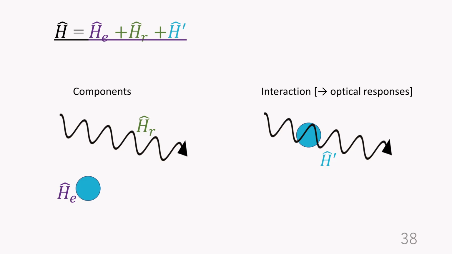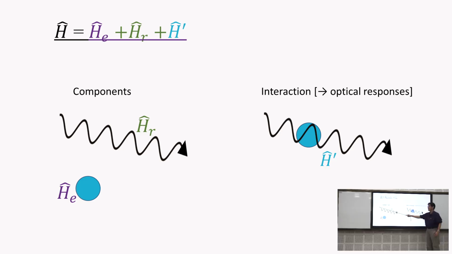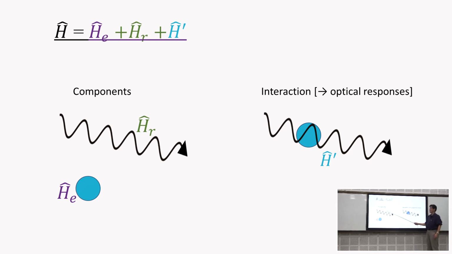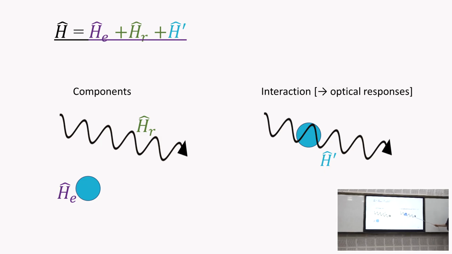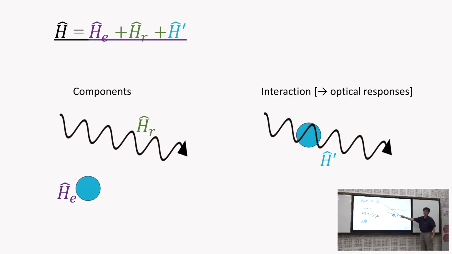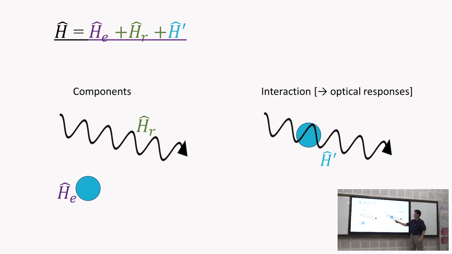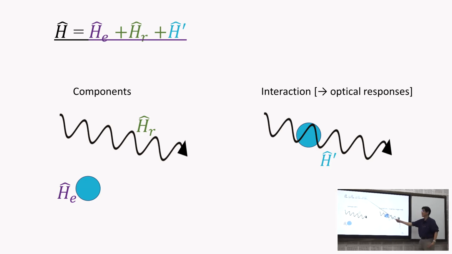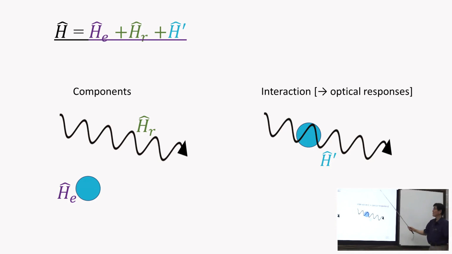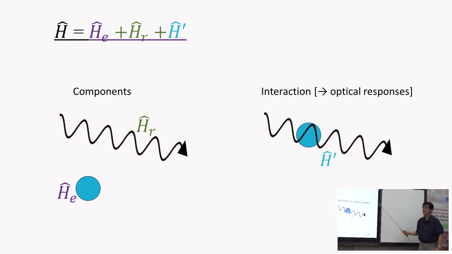Where there is a radiation and where there is a molecule, there are Hamiltonians HR for radiation and HE. When interaction occurs, we need to consider H prime as an additional term. This is smaller than HE plus HR, so this is treated as a perturbation, and we formulate optical responses.